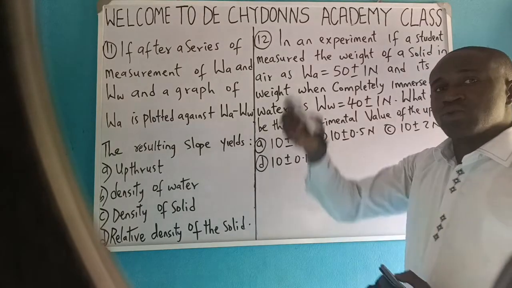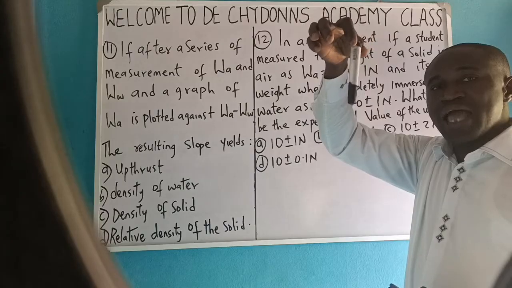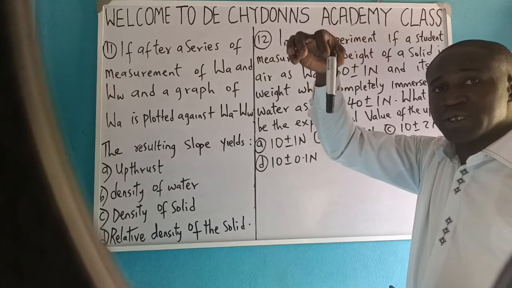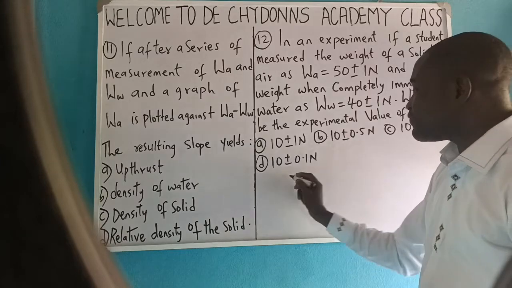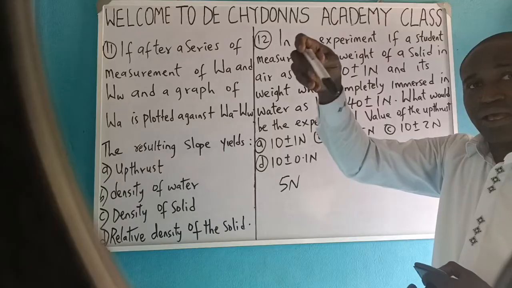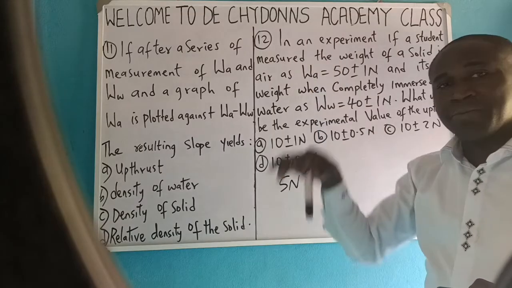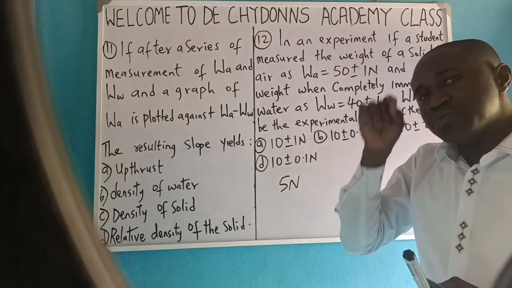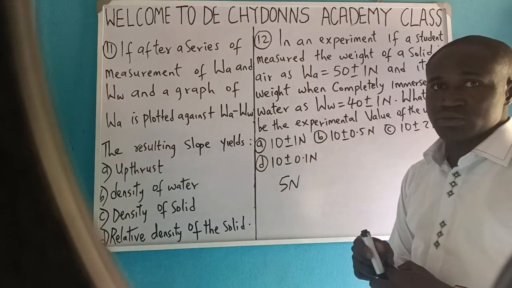You recall that if this is a substance and you weigh it in air using spring balance, so to speak, if the weight is 5 Newton, if you take this marker and weigh it in water, immerse it inside water and weigh it, the weight is meant to be less than 5 Newton.